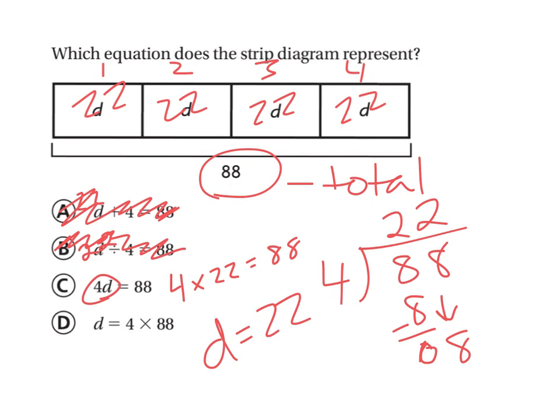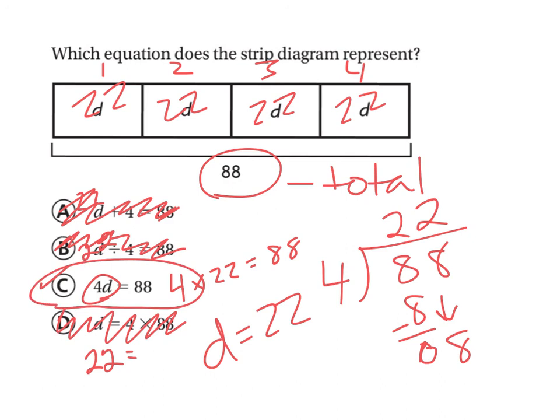It's not what we did, but it's reasonable. It makes sense. So I'm going to put a little check mark by C. Answer choice D, on the other hand, is D equals 4 times 88. So D equals 22, we know that from our solve. And then, wow, 4 times 88 is going to be way bigger than 22, so that one's not reasonable.